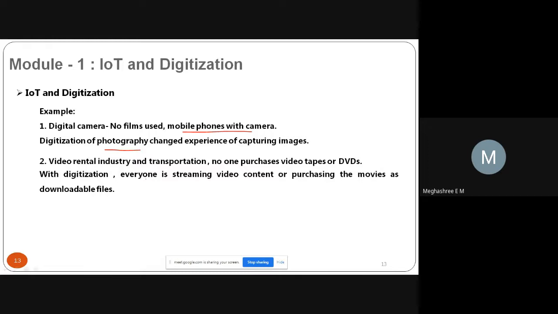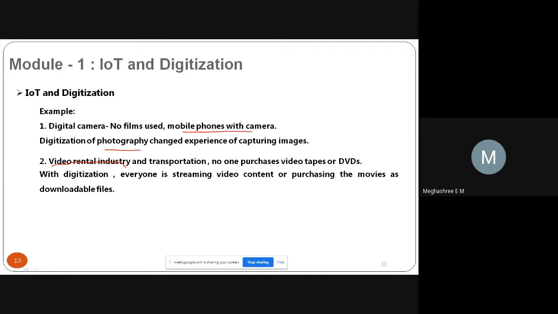And next you can consider the video rental industry. In older days when I was in high school or primary, we used to take a DVD from the shop for one day or two days on rent. We used to have a DVD player, and after watching that movie, we used to give it back to the shop owner.